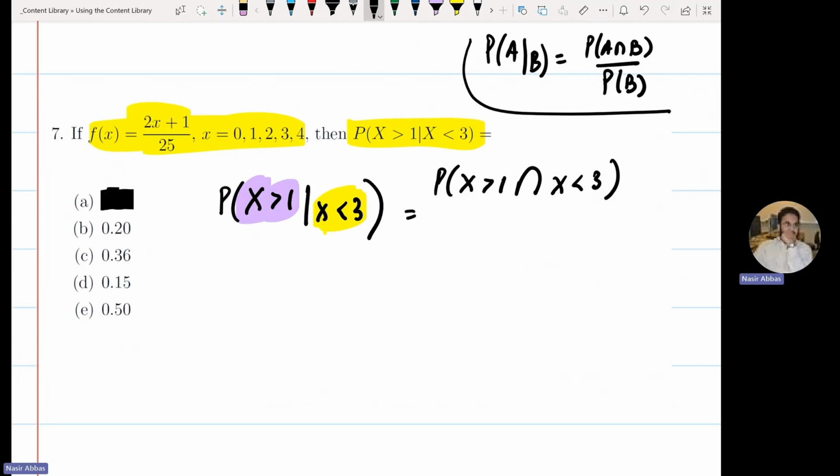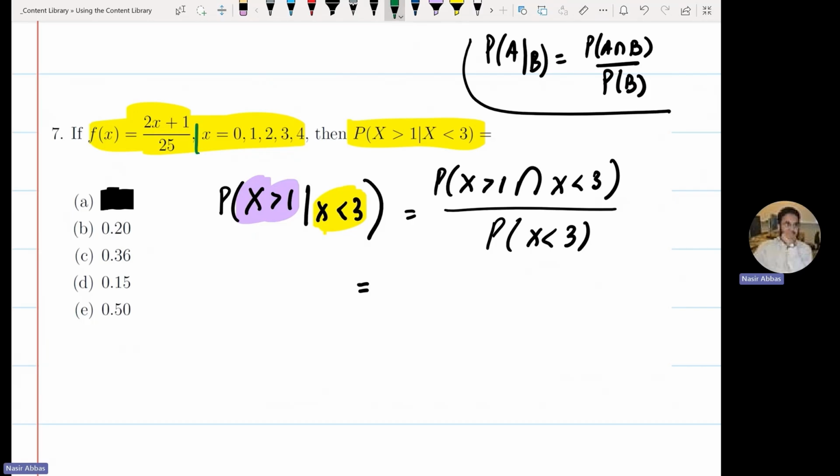Yes, I will write that. Probability of A and B divided by probability of B. Now, what are the values of x which are possible such that they are greater than 1 and also less than 3?